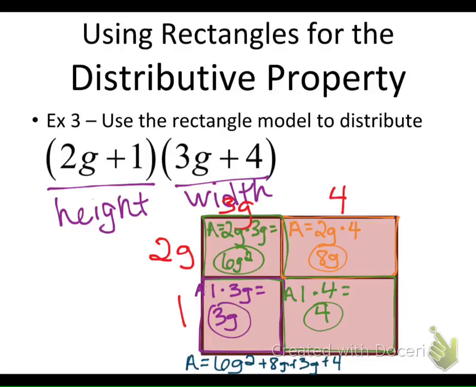It's 8g plus 3g. That's 11g. So the answer is 6g squared plus 11g plus 4.